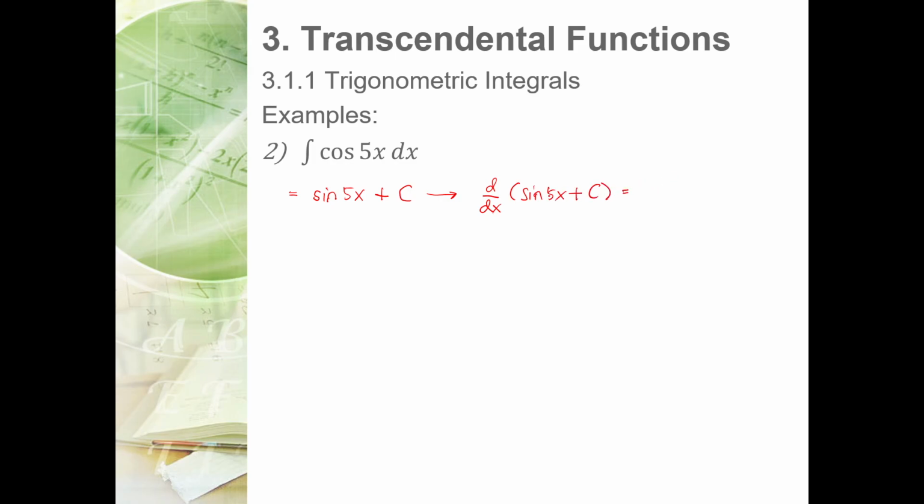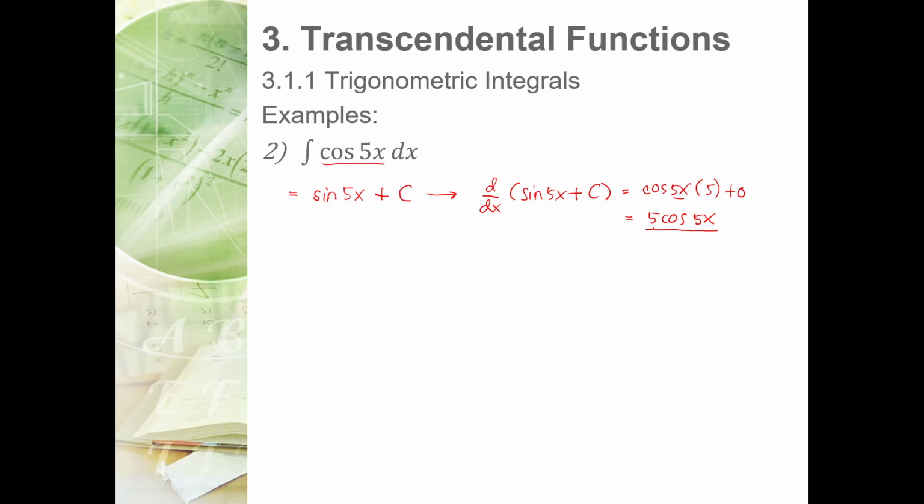The derivative of sine is cosine, so cosine 5x. Then we need to derive 5x, times 5 plus 0. So the final answer is 5 cosine 5x. If you notice, the derivative is not the same as the given equation, which is only cosine 5x.